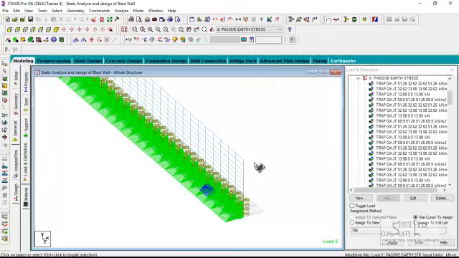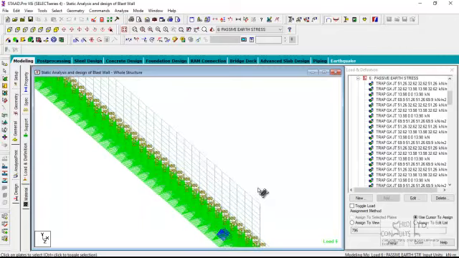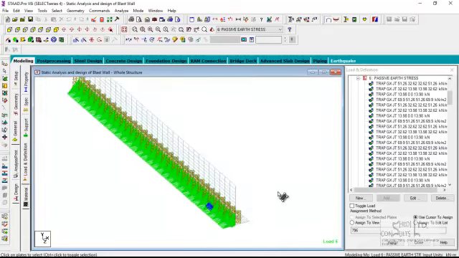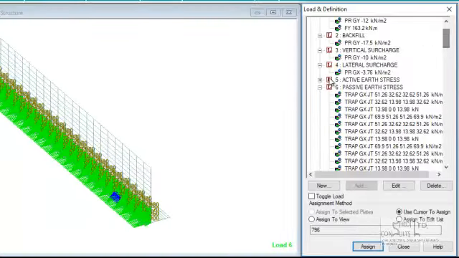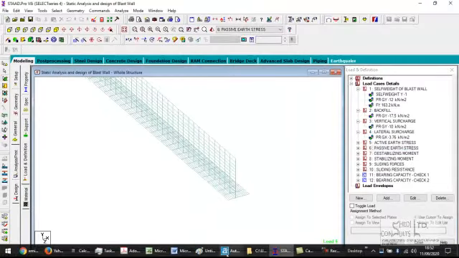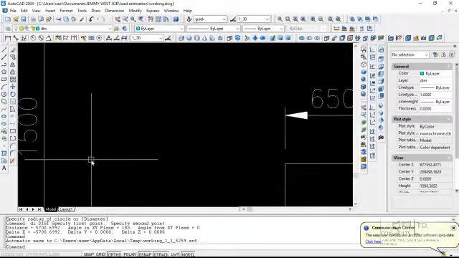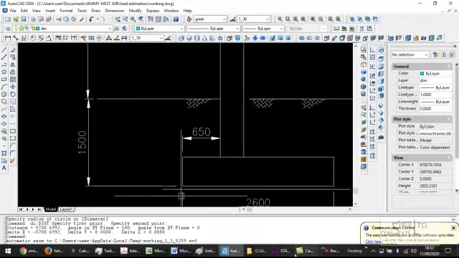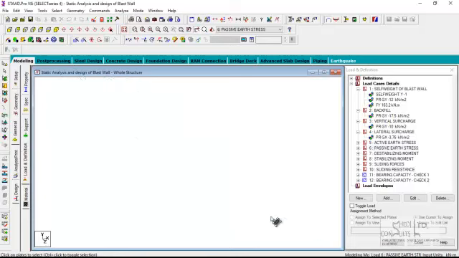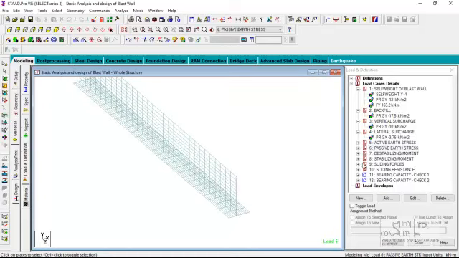A shallow foundation is a foundation that meets Terzaghi's theory. Terzaghi's theory states that when the depth is less than 1.5 times the width of the foundation, that foundation is classified as a shallow foundation. So this width is 2.6 meters, and then the burial depth from the ground surface is about 1.5 meters. So that meets the requirement for shallow foundations. So this caters for the DEP requirements. It also captures static considerations.